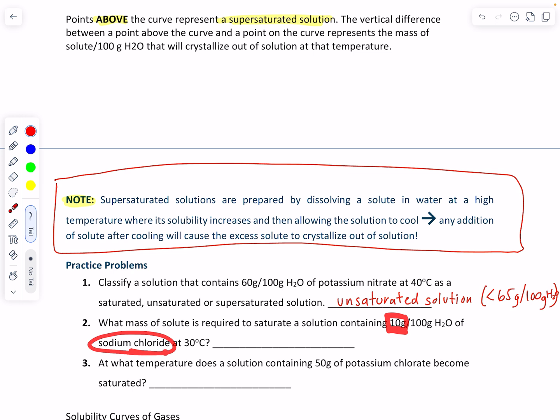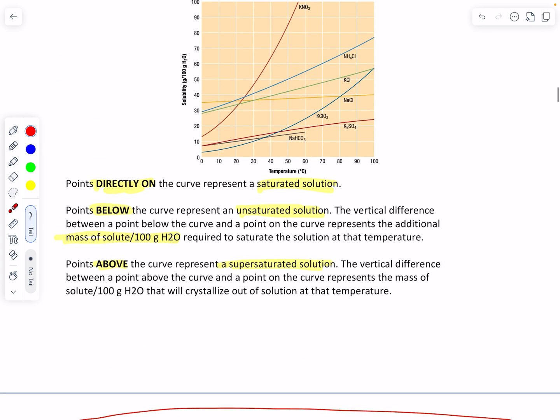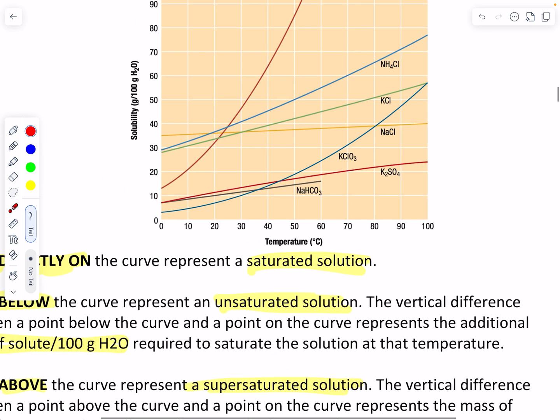Let's find out the saturation level of sodium chloride at 30 degrees. This is the curve for sodium chloride. And at 30 degrees, the saturation is about 38 grams per 100 grams of water in order to be saturated.